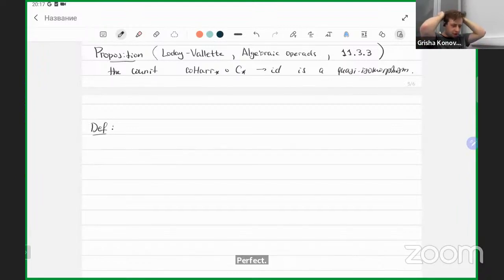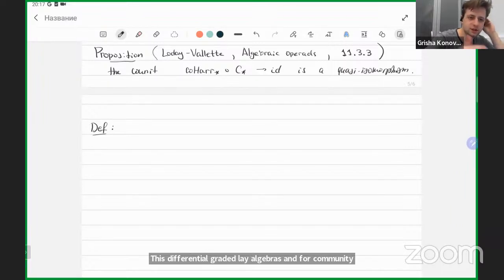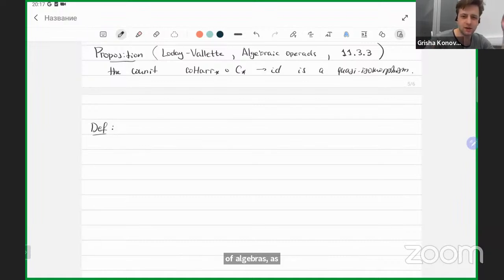For now, we've been working with differential graded Lie algebras and co-commutative coalgebras as forming ordinary categories.